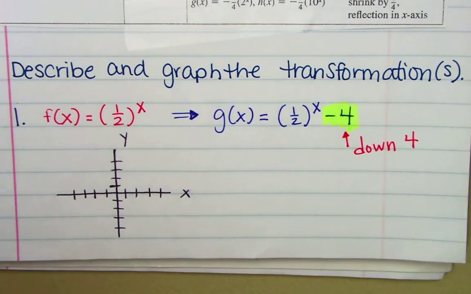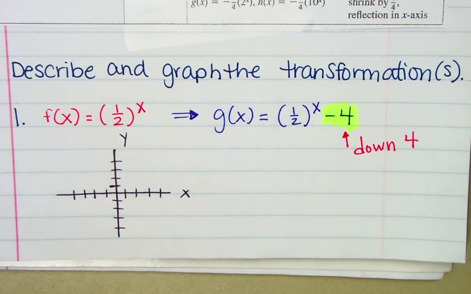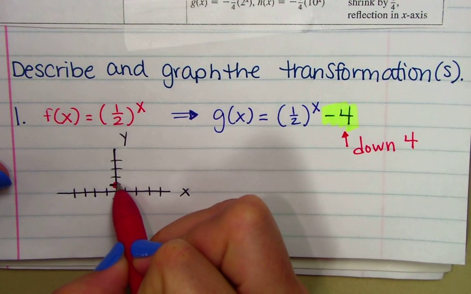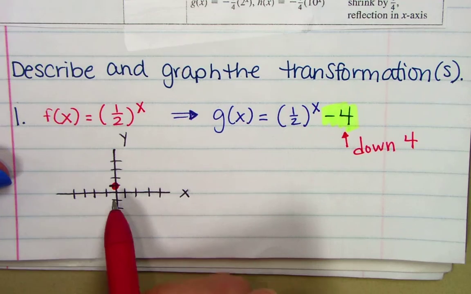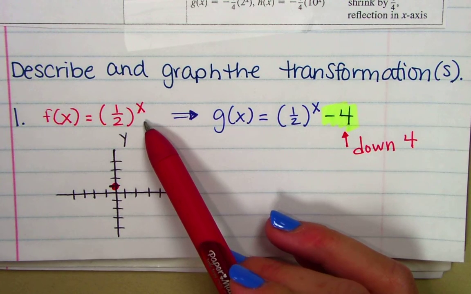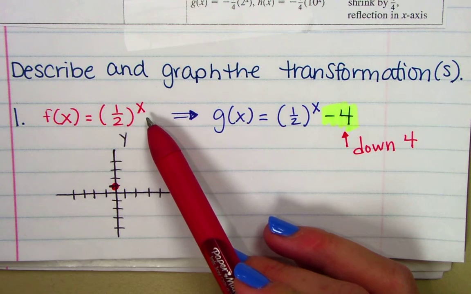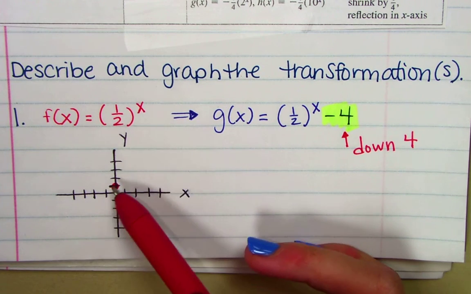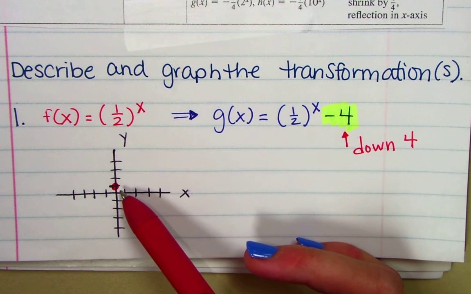It's been a little while since we talked about this, but one of the characteristics of exponential graphs is that they cross at 0, 1. The reason why is we talked about this last class. What happens when an exponent is 0? What does it equal? 1. That's why it's 0, 1. All of them go through that because when x is 0, it's going to equal 1.